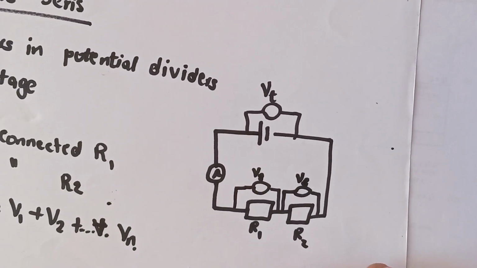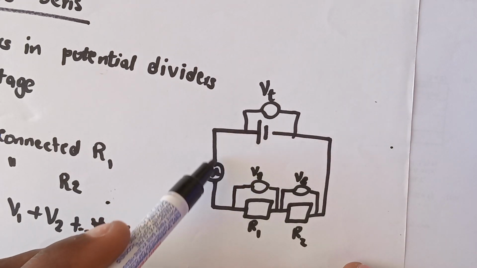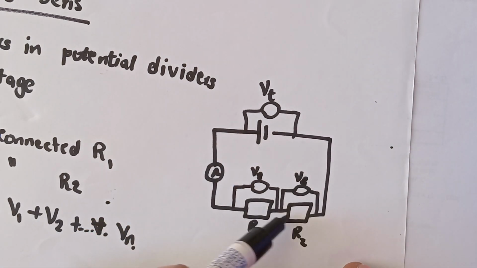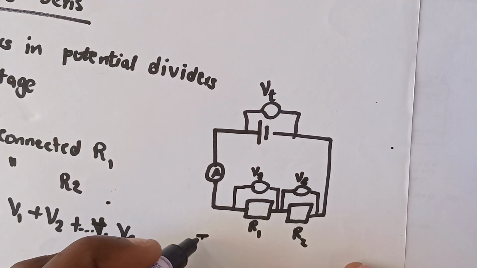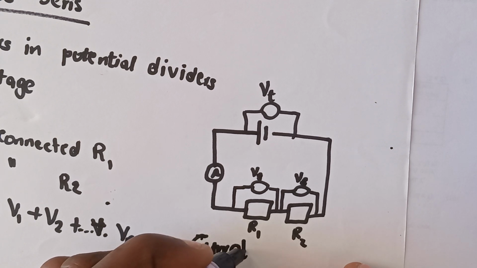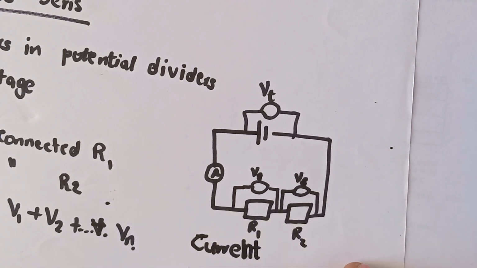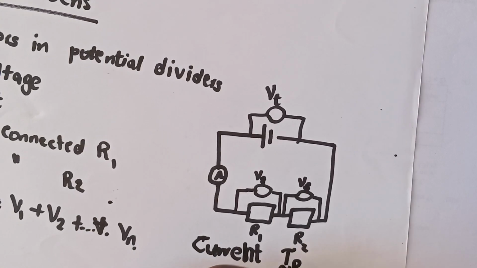Take note that the current that passes through R1 and R2 is equal. In resistors that are connected in series, current is equal: the current I R1 is equal to I R2.